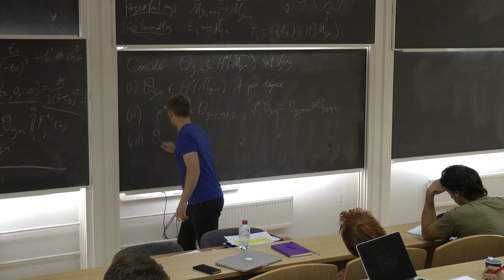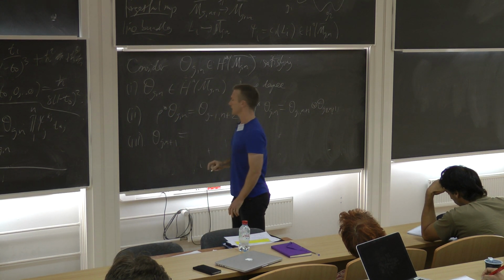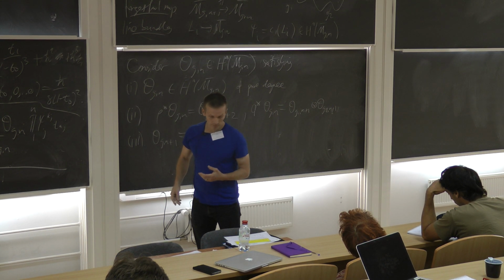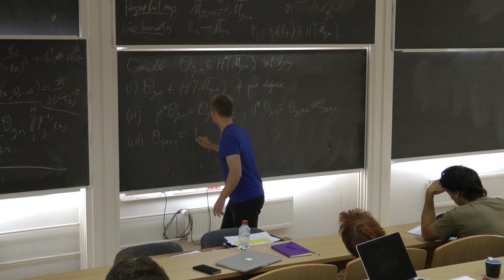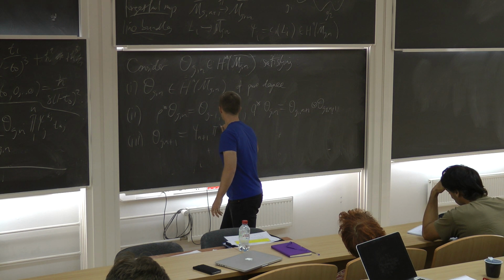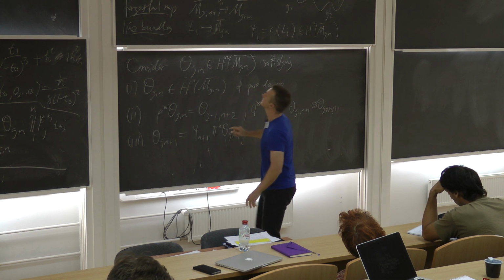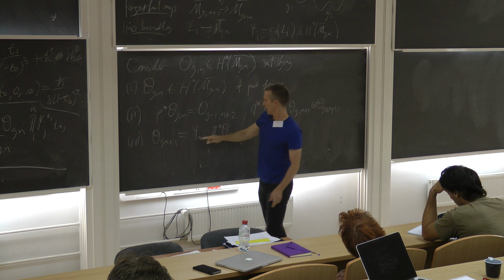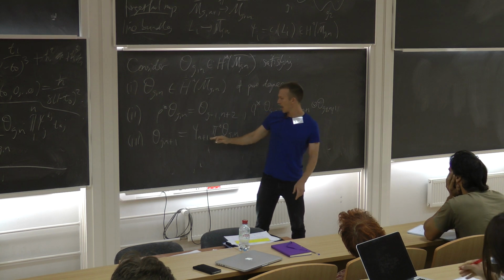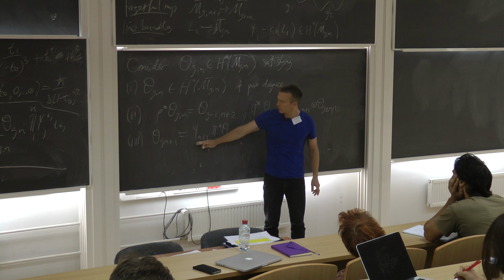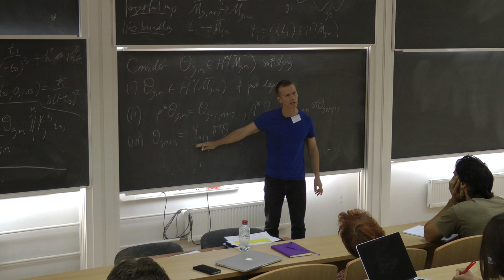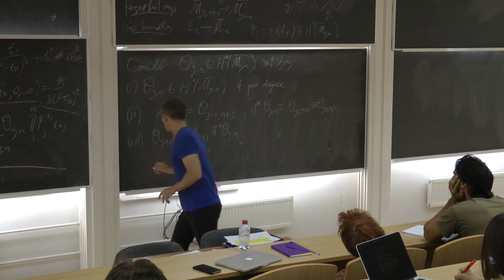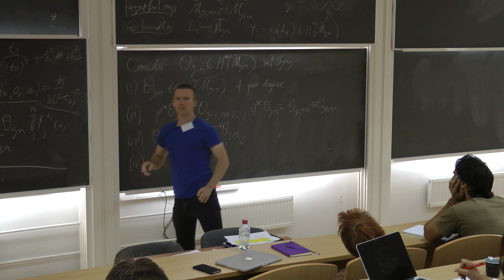This third property is telling us how this class behaves under the forgetful map. And so when I pull back the class under this forgetful map, and I hit it with the (m plus 1)st psi class, that will be my class, theta g, m plus 1. And the final one is not really necessary.